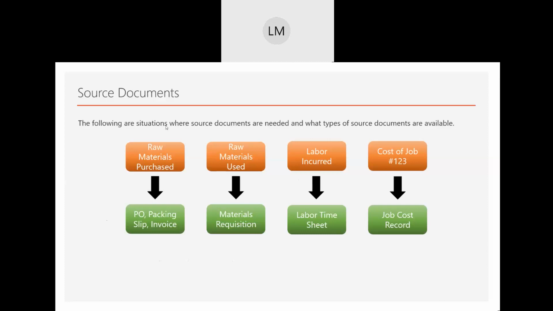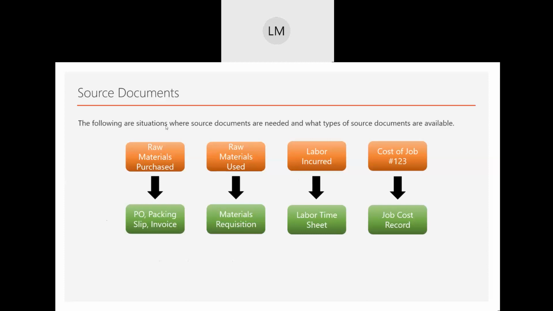When we take those materials from storage to the production floor and transfer them to work in process, we have a materials requisition. The materials requisition is simply anybody requesting materials from the storehouse to be transferred to the production floor.